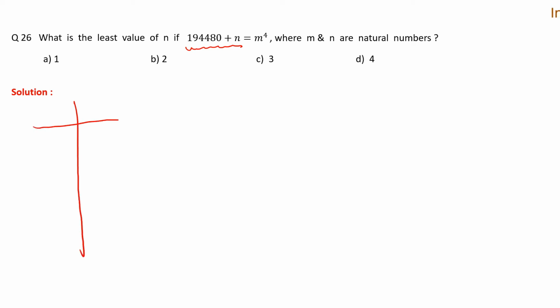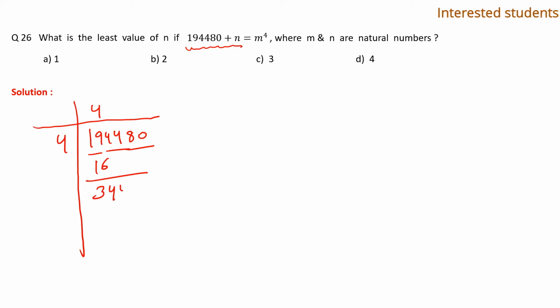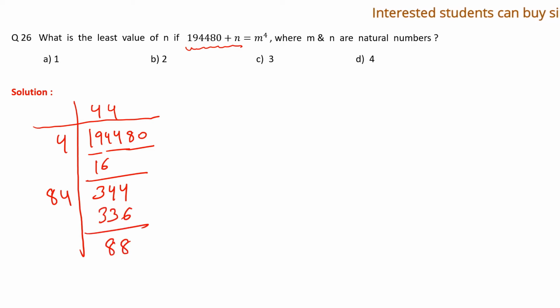Now first of all, let's find the square root of this quantity 194480. I hope you must be knowing how to find the square roots. Now this is 4 into 4, 16. 3, 44 comes down. This is 84 into 4. This is 336. 80 comes down. 88.